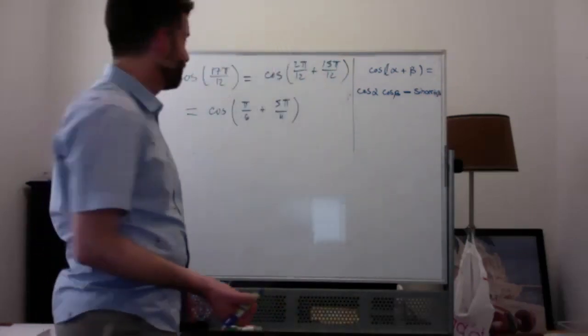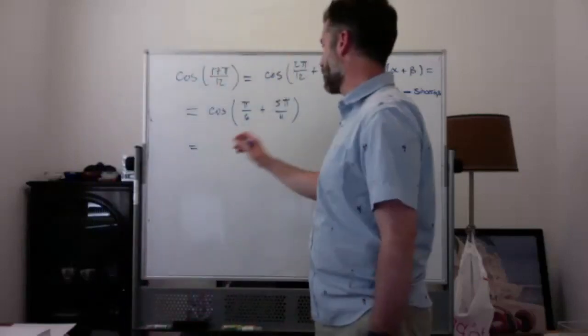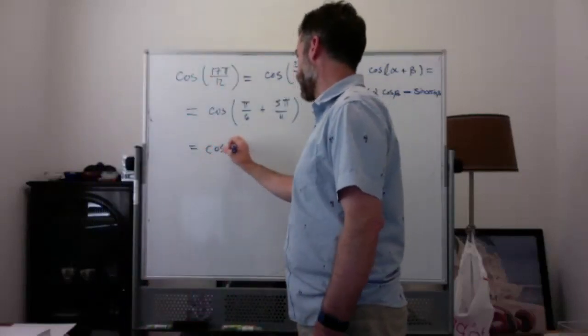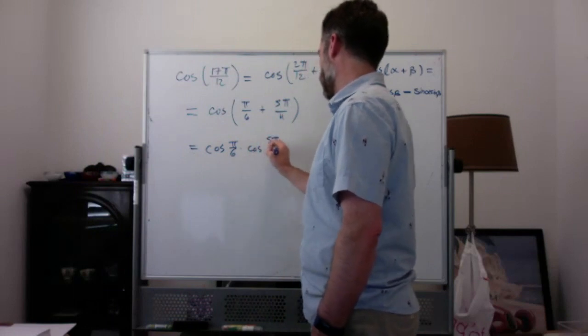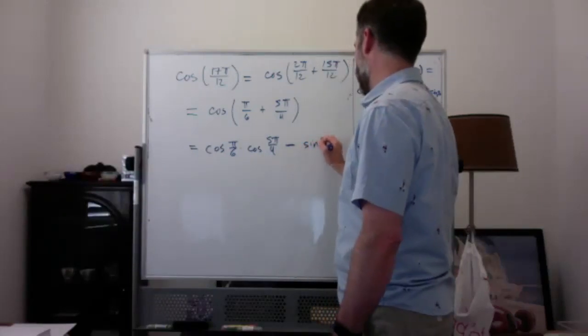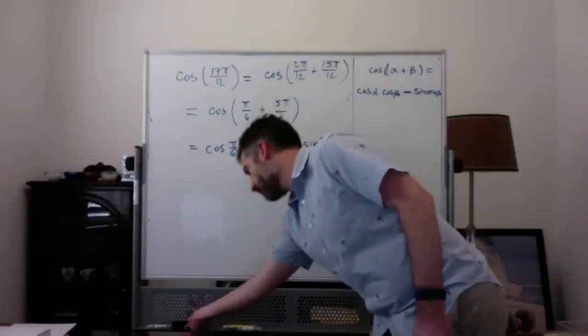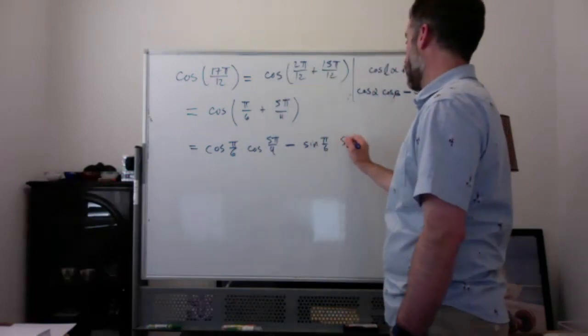Sorry about that. Everyone makes mistakes. So this is going to be cosine of pi over 6 times cosine of 5 pi over 4 minus sine of pi over 6 times sine of 5 pi over 4.